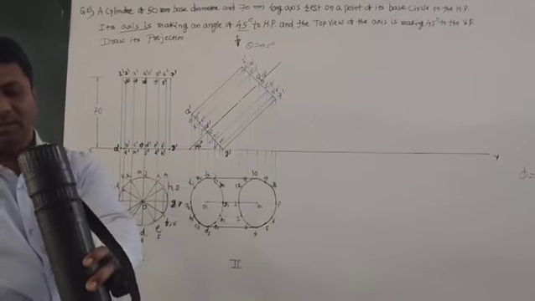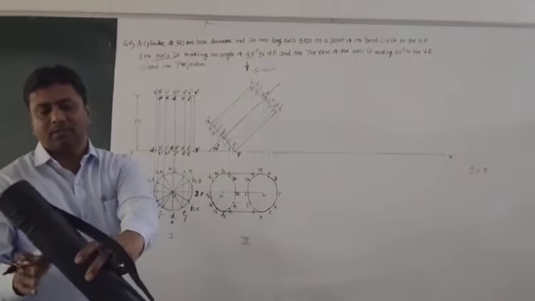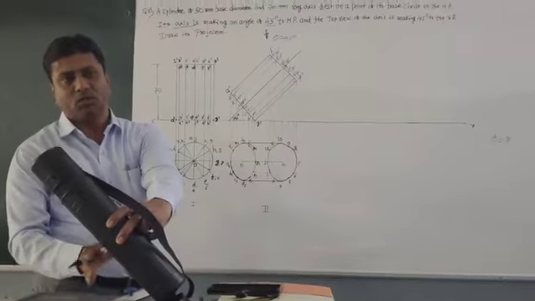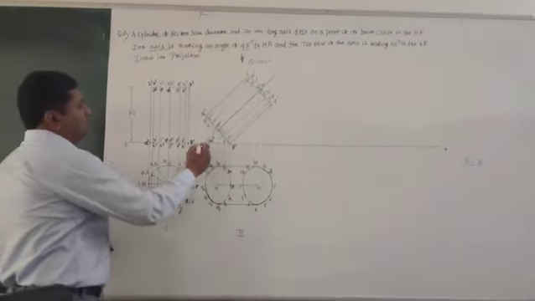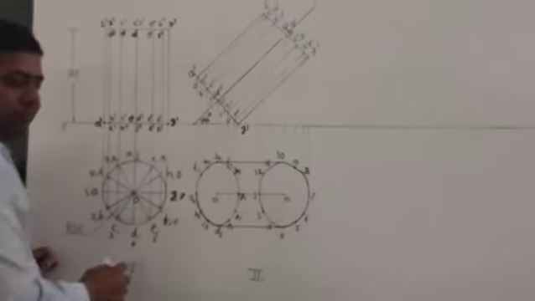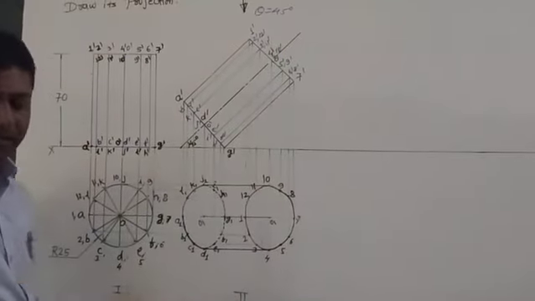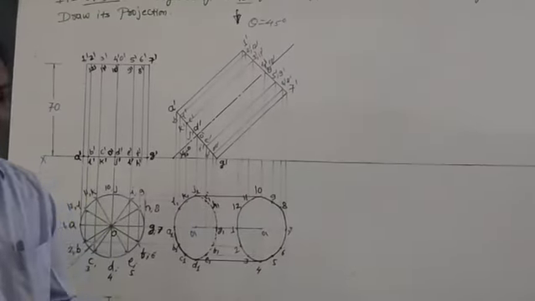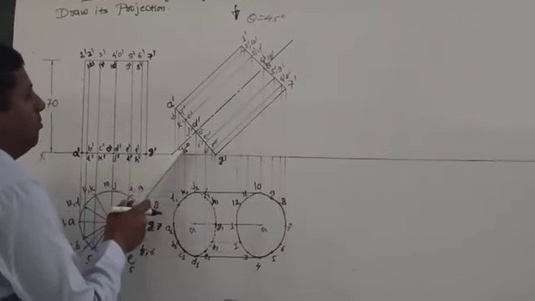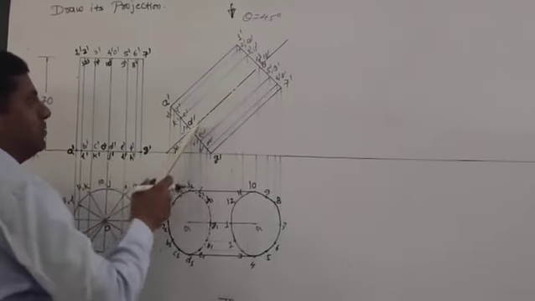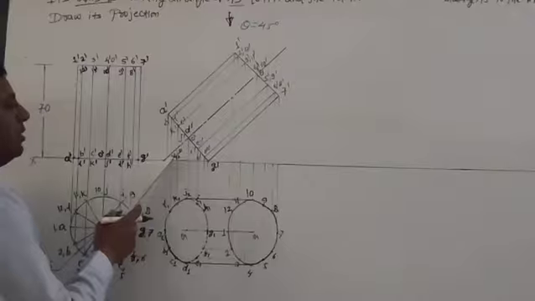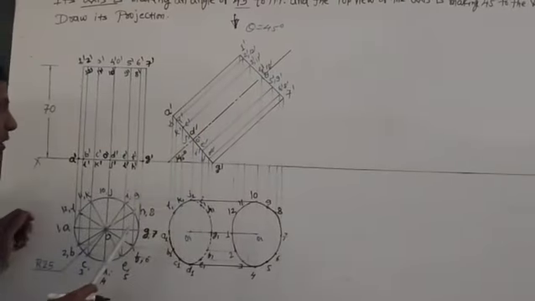So your cylinder will be like this. The axis is making 45 degrees to the HP. So this is the position. So what you have to do? Take any point on the XY, take the protractor and mark an angle of 45 degrees, and draw the axis, this center line. This is at an angle of 45 degrees.